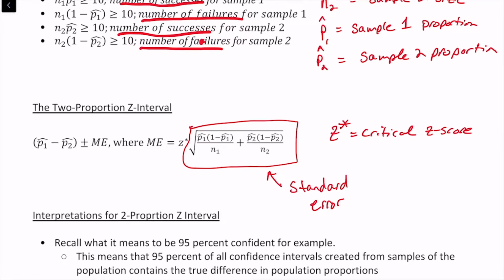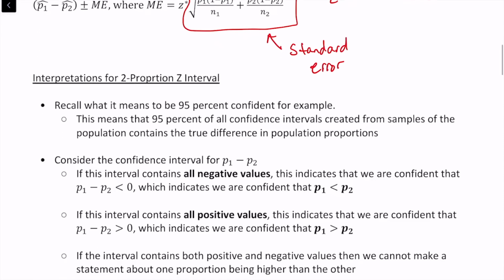Okay. Once again, before we jump into some examples here, actually I have just one example. Let's remind ourselves what are some of the interpretations of a confidence interval. So recall what it means to be 95% confident. 95% confident means that in 95% of all confidence intervals that are created from random samples of the population, they will actually contain the true difference in those population proportions.